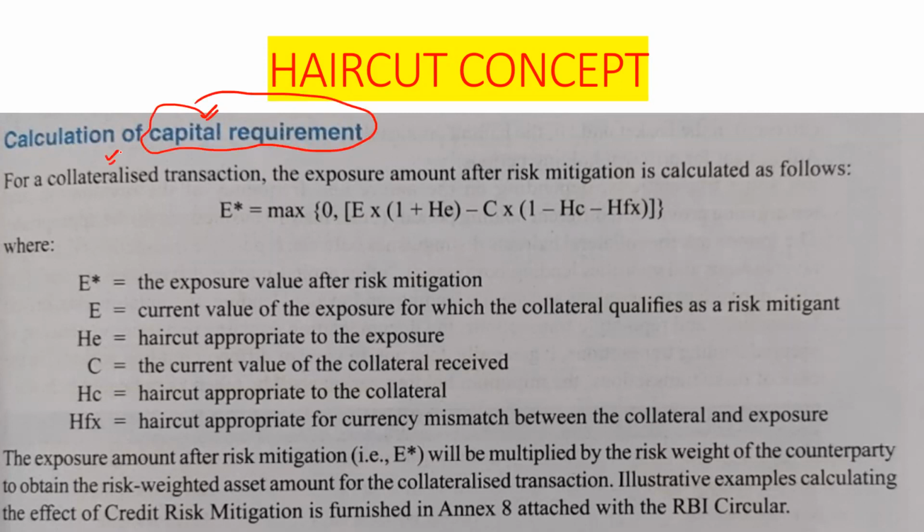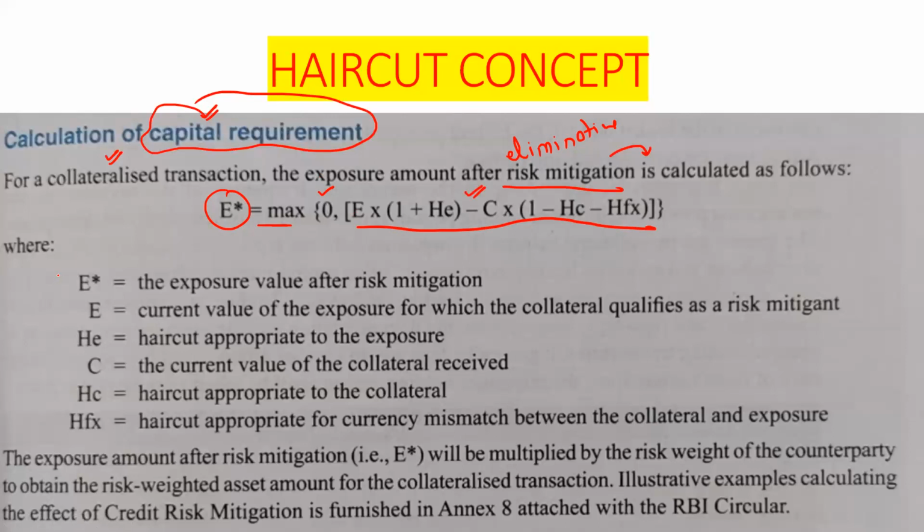For a collateralized transaction, how do we calculate the exposure amount after risk mitigation, or after eliminating the risk? E star is equal to the maximum of either 0 or this one value or this one value. Clear? So we have to take care how we reach this value, how we calculate it.